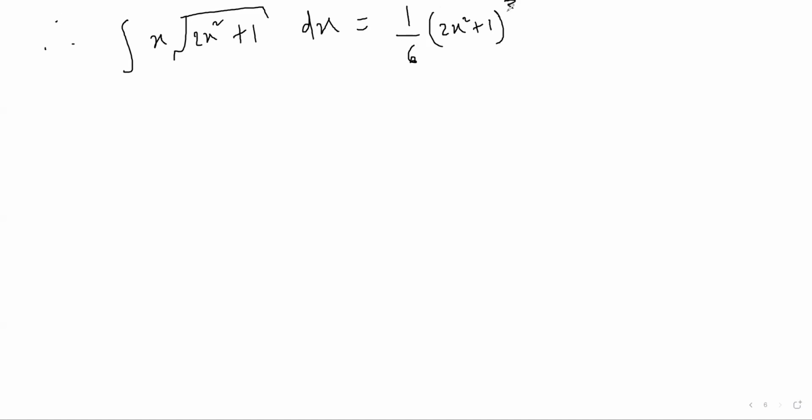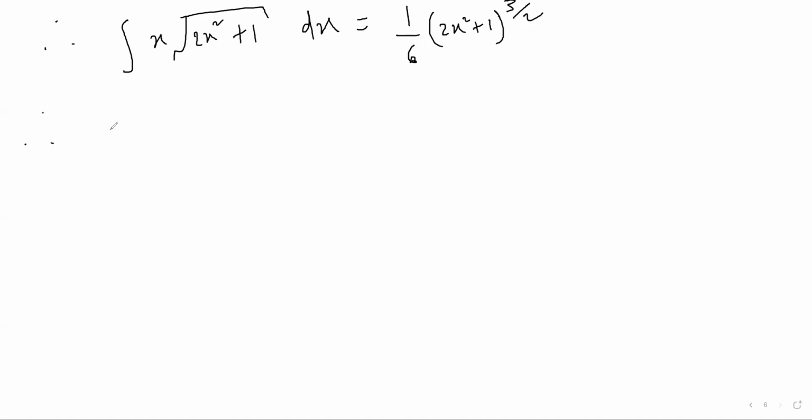So the indefinite integral of x multiplied by the square root of 2x squared plus 1 with respect to x is equal to 1 over 6 multiplied by 2x squared plus 1 to the power of 3 over 2. So that's the indefinite integral of this.